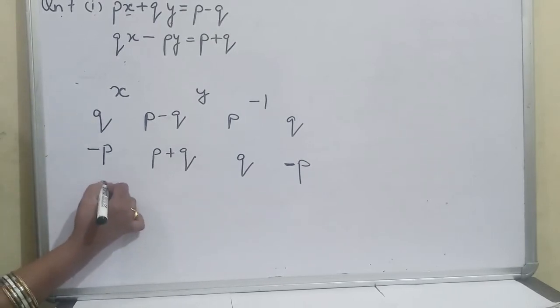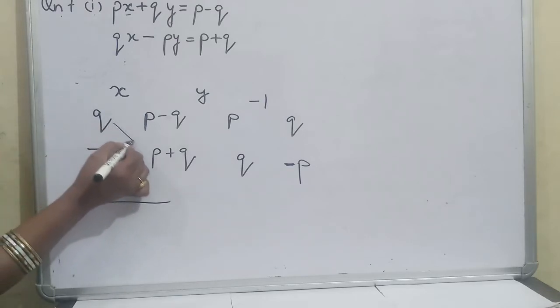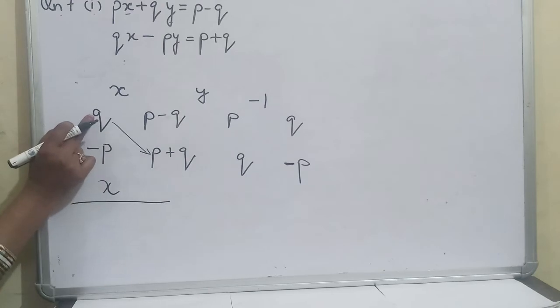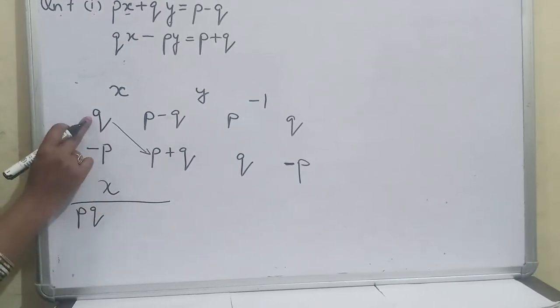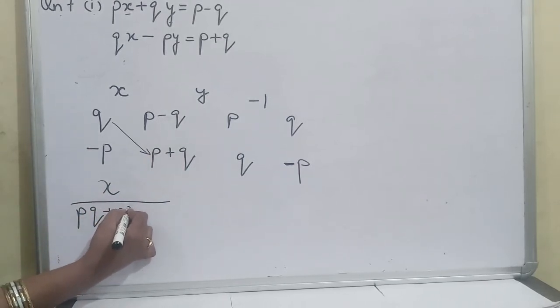Now we'll write it like x upon, and we have to multiply in a cross way. Q into p plus q. So q into p is pq. Q into q is plus q square.